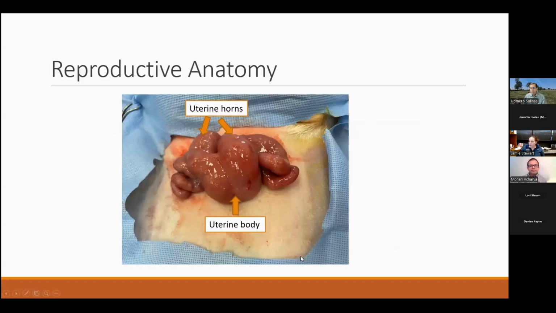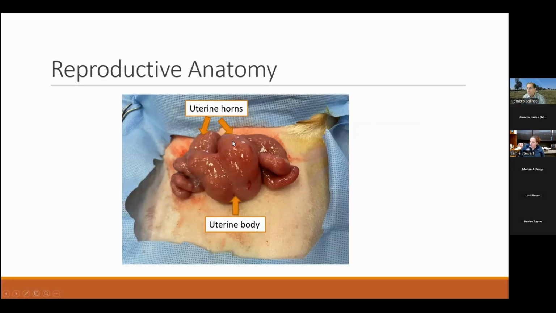So I've got a few different pictures here. This is a goat uterus right here that we were doing some embryo transfer on. Just a quick identification: right here is where the uterine body is. Attached to the uterine body, coming kind of outside the body, would be the cervix. On the other side of the uterine body, it breaks off into a couple of uterine horns, and you can see that the uterine horns curl themselves around.